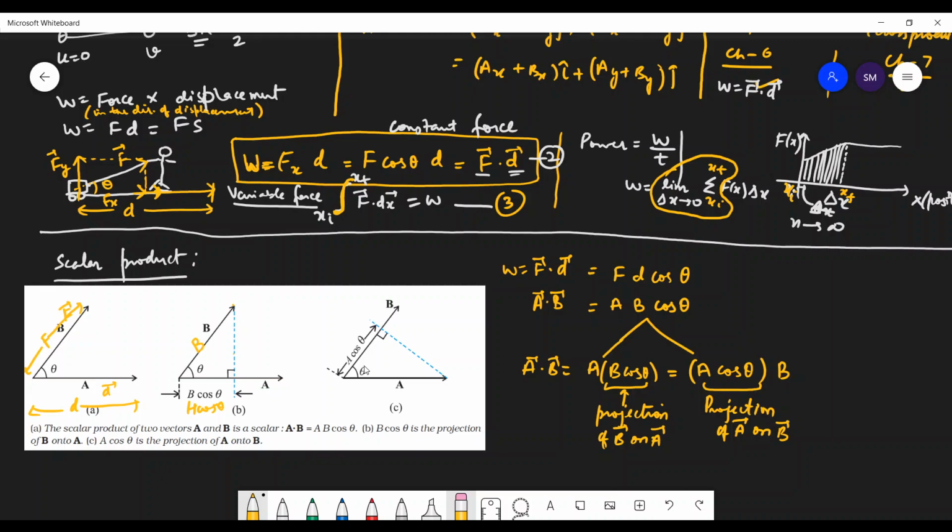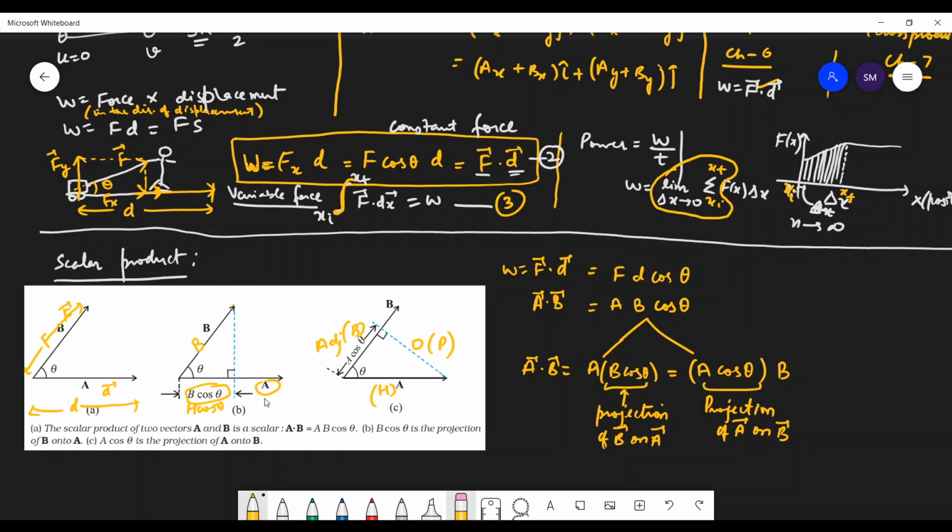So there are two ways to understand it geometrically. A dot b, it's a scalar product. You can write it as magnitude of a and then projection of b on a. So both lie on the same line.